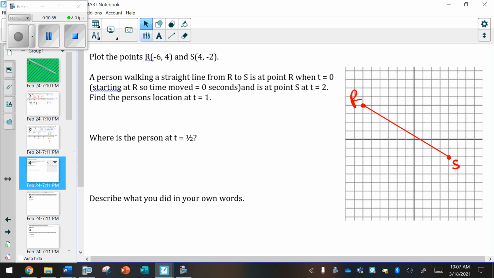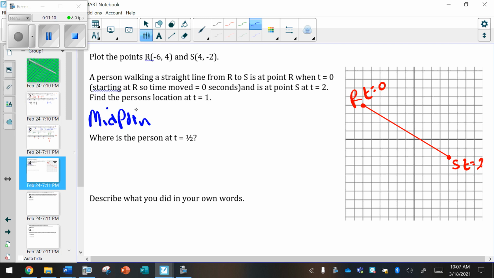If they start at point R at time 0, and then they're at point S at time 2, then at time 1 will be the midpoint. So you can either use your midpoint formula, or we can just tell from the graph, halfway there would be the point -1, 1. So that would be the location after 1 second.